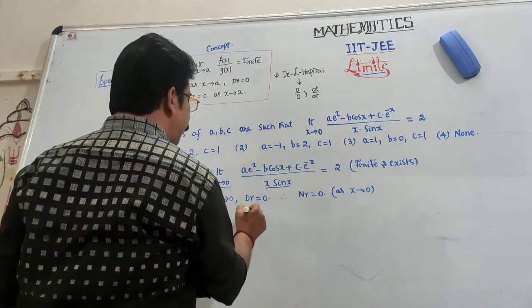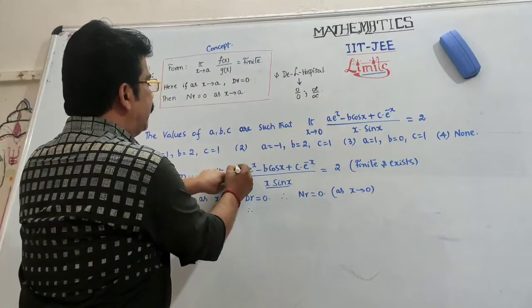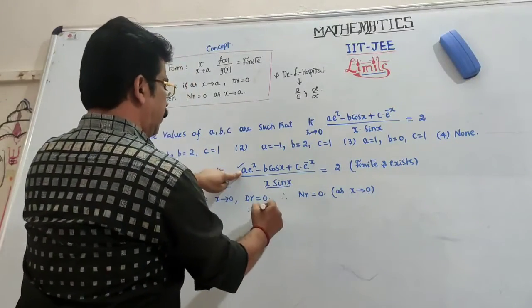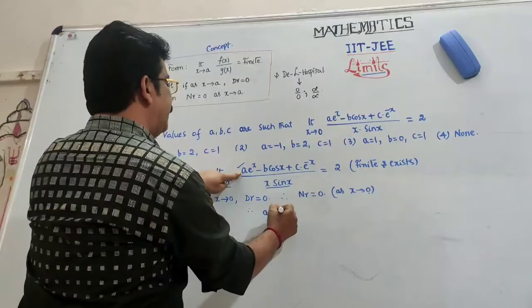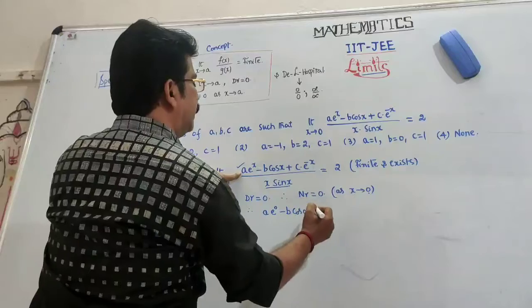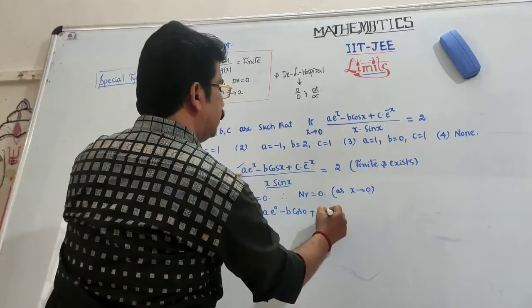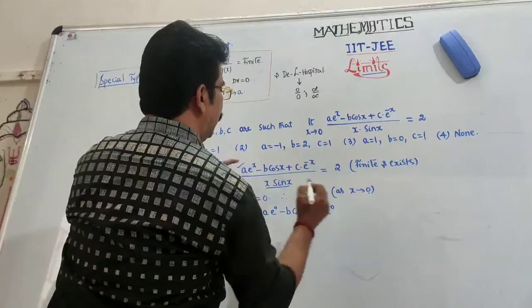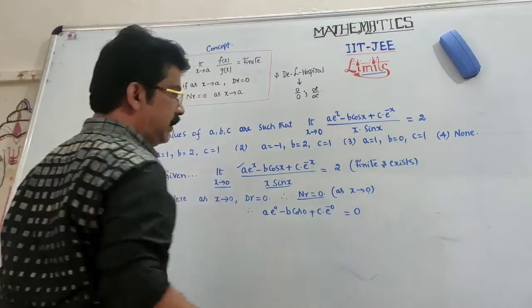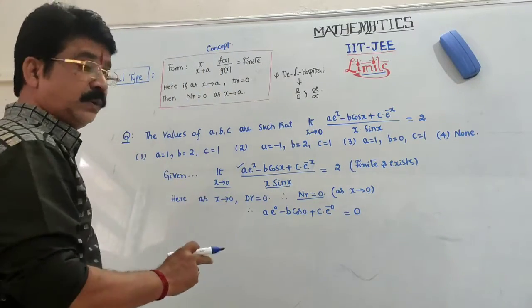Therefore take the numerator. This is the numerator. And put x equal to 0. So a e power 0 minus b cos 0 plus c into e power minus 0, that is equal to 0. Don't write equal to 2.